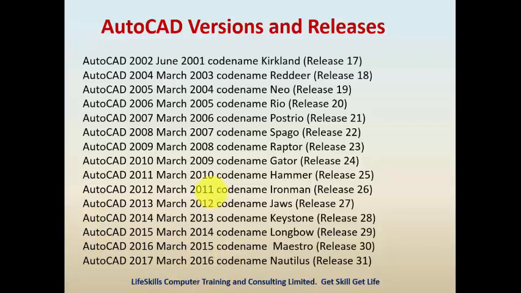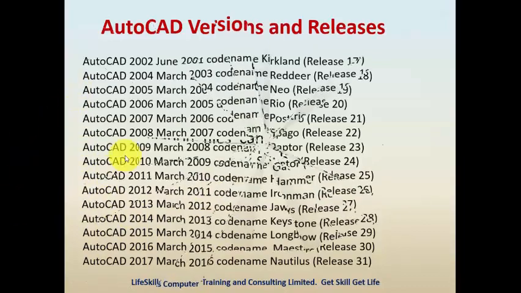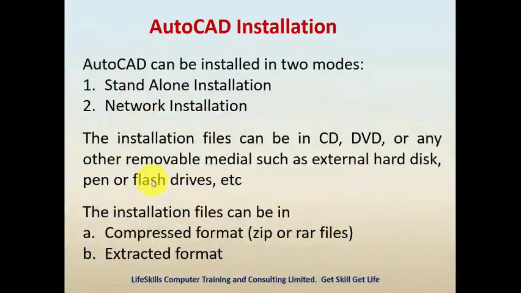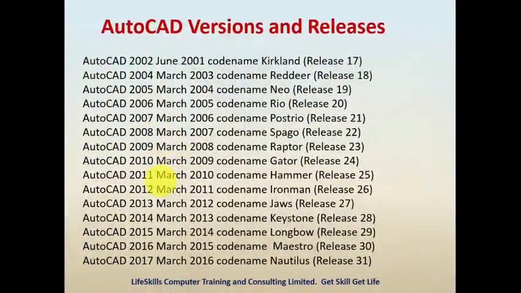And I would recommend you install 2013 and above. If you can't lay your hand on 2015, I wouldn't recommend anything less than 2013. It's very important. But if you're able to get 2015 or 2017, then that will be better.